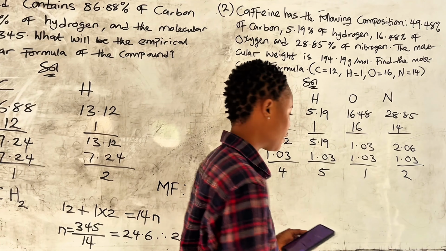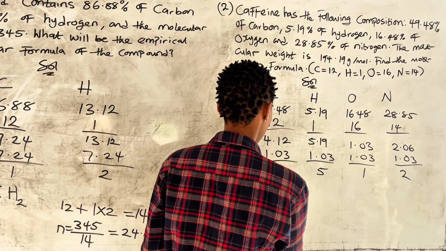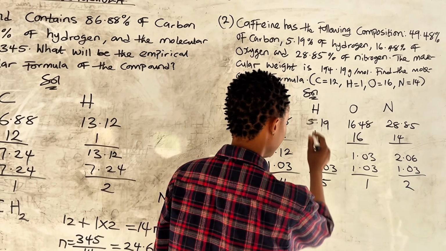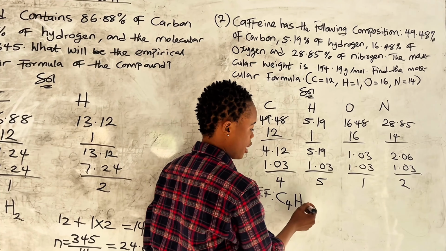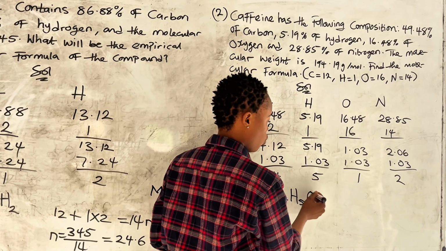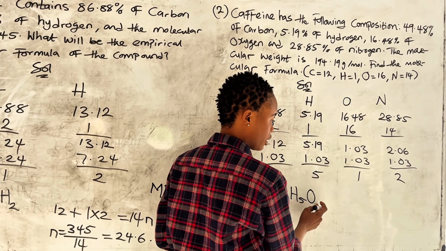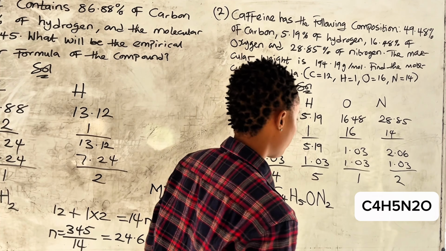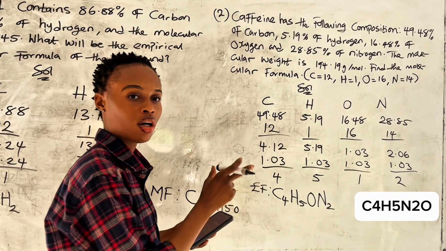Whole numbers. So now that we've gotten that, our empirical formula is equal to C4, H5, O, remember it's 1, we don't write 1 in chemistry, and N2. So this is our empirical formula.